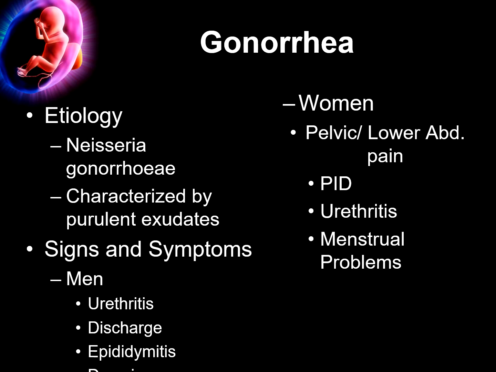Full-blown pelvic inflammatory disease may occur, urethritis may be present, and menstrual problems can occur. This can be spread by genital to genital contact, but also anal to genital contact or oral to genital contact. Most women are usually asymptomatic, but with men there's a green discharge.